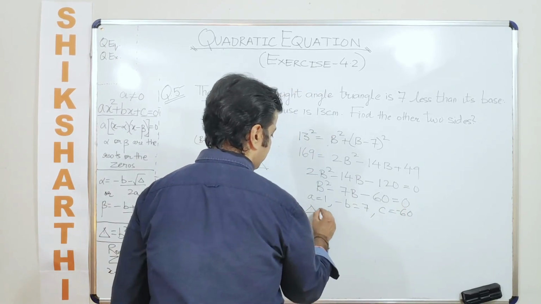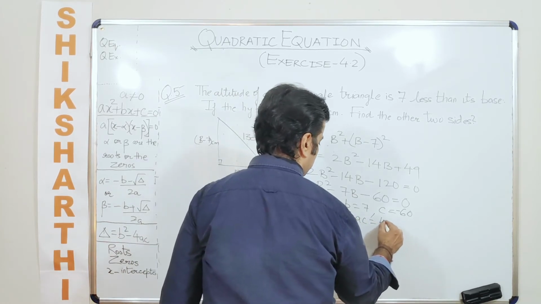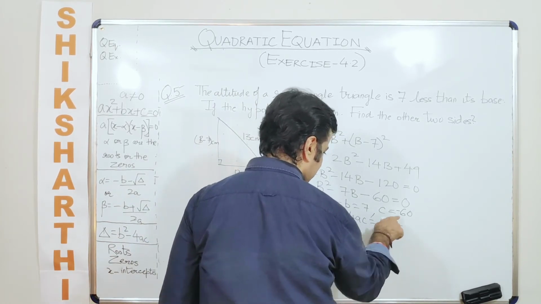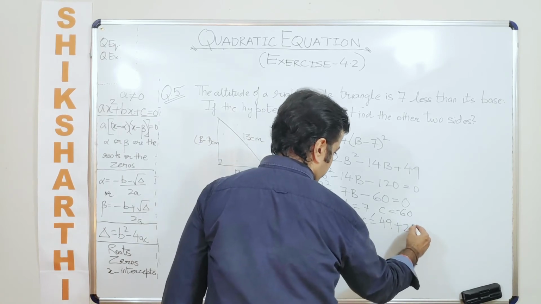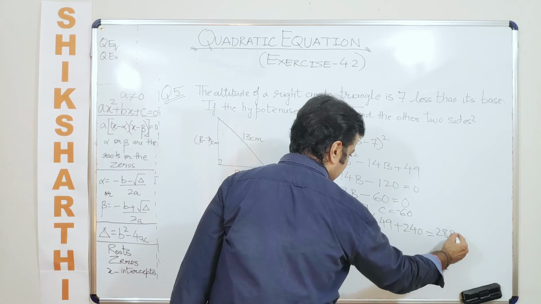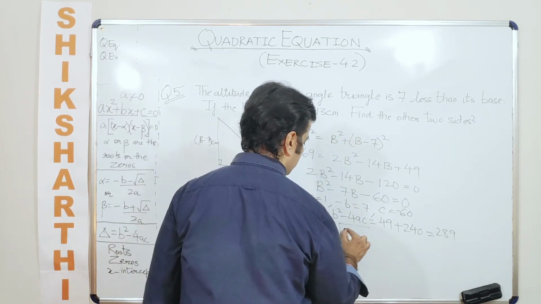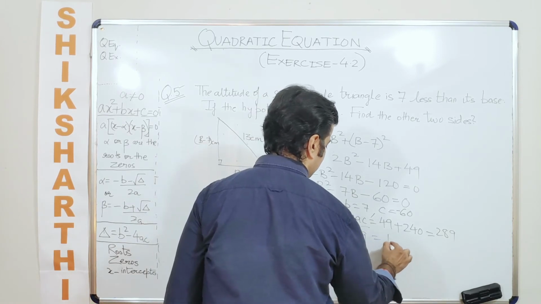We just need to calculate the value of delta from here, which is b square minus 4ac, which means we are talking about 49 minus, so into 240. I mean, this becomes 240, which is just like saying 289. So how much is the value of root of delta? Root of delta comes out to be root of 289, which is 17.